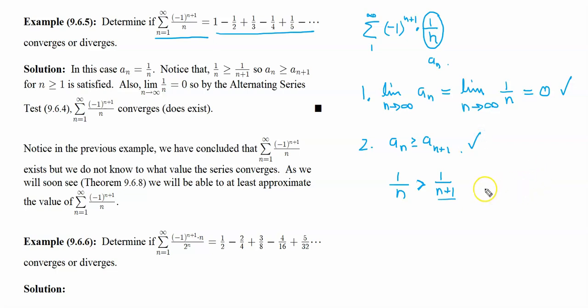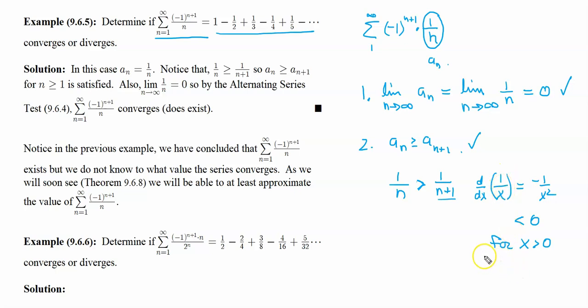Now another way to see that is if you just consider the function 1 over x and you differentiate it. Notice that this derivative is negative for x greater than 0. So that means that the function 1 over x is a decreasing function.